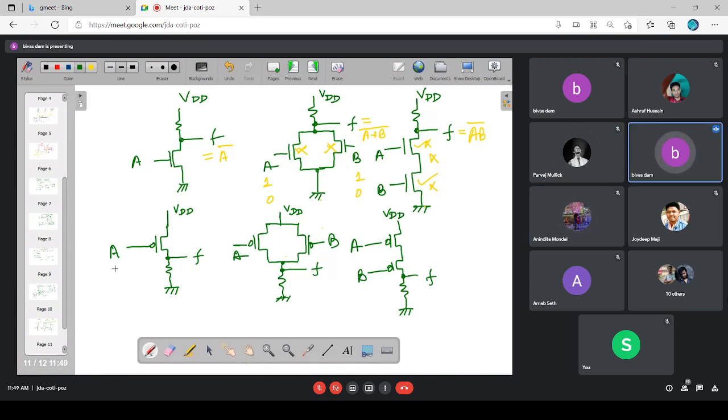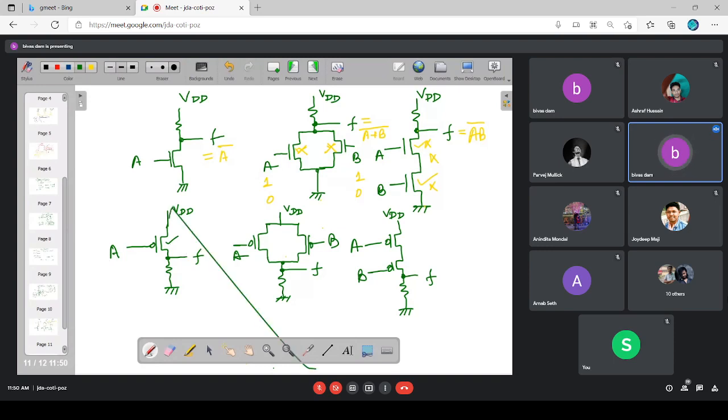When A is 0, this will be on, because this is PMOS. For the P channel MOSFET, for the switch to be on, the gate input must be logic 0. That's why this bubble is there, to ensure that this is active low. So when A is 0, the switch is on.